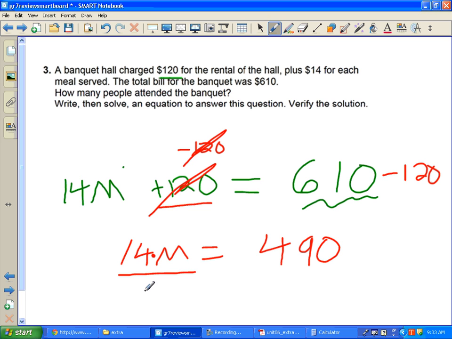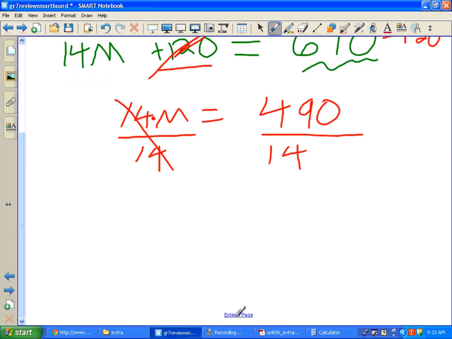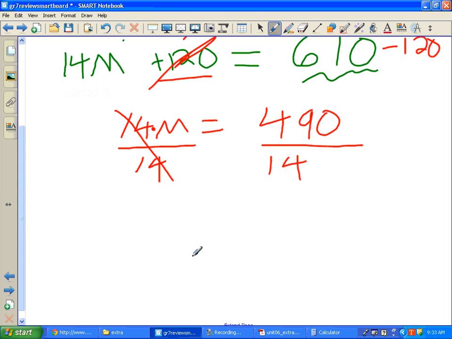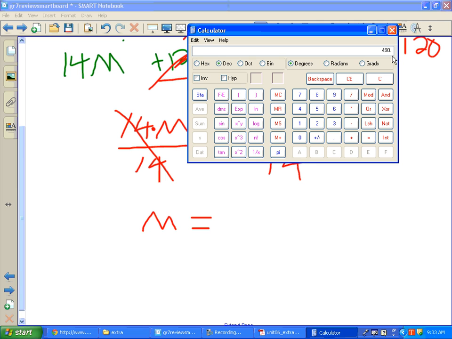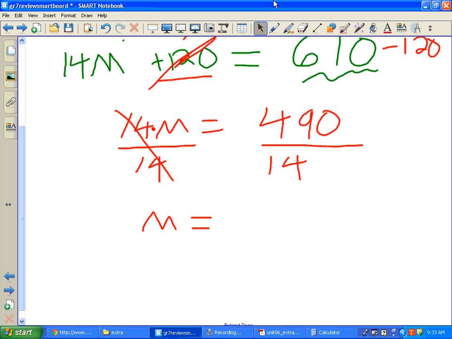So to get rid of it, we divide by 14, which is the opposite of times. And on this side, we divide by 14, because what we do to one side of our equal sign, we must do to the other. So now we've got m all by itself, and now we need to know 490 divided by 14. So we've already got 490 up there. Divide it by 14, and our answer is 35.